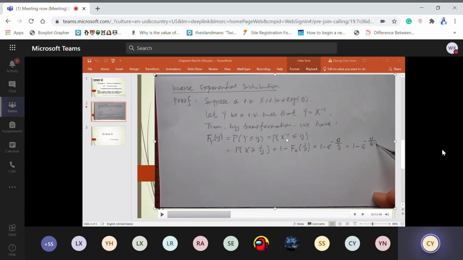So you bring it to the right-hand side, then x will be greater than 1 over y. In fact, the direction of this inequality didn't change, because this is 1 over x. You bring it over to the right-hand side, and the inequality didn't change. This is only for the survival function of this theory, class. The sign doesn't change here, but in other subjects it may change, okay?